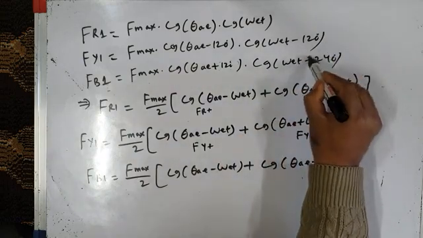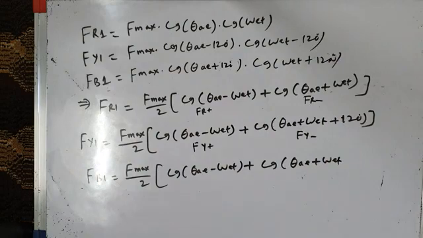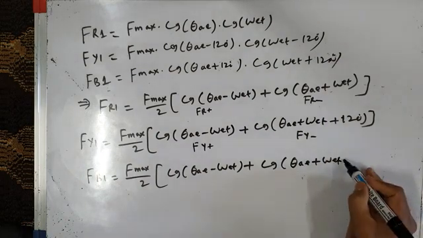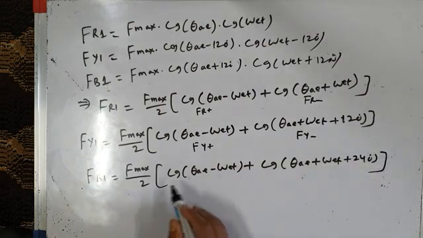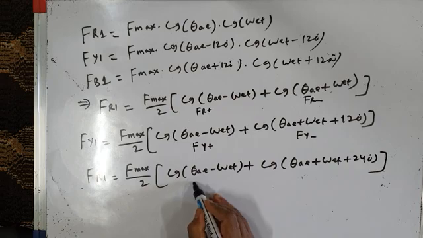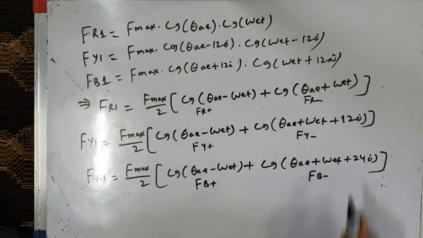Here also I could write plus 120 degrees. So what is 120 plus 120? 120 plus 120 is 240 degrees, so it is plus 240 degrees. This is the clockwise revolving component FB plus, and this is the anti-clockwise revolving component FB minus.